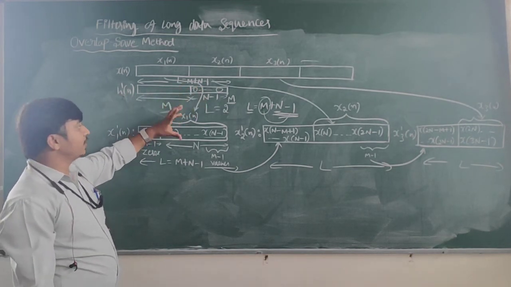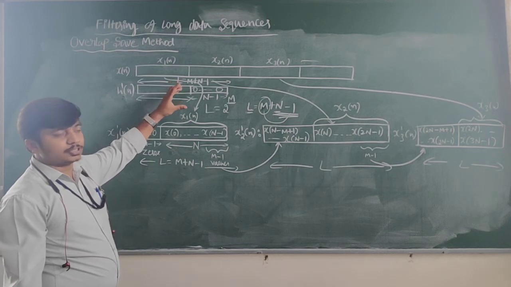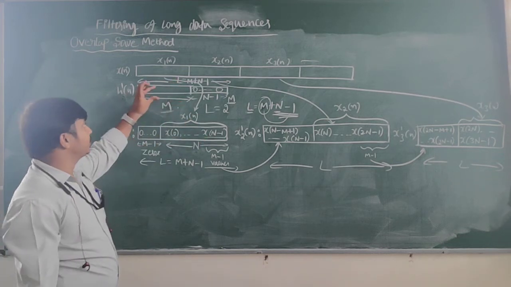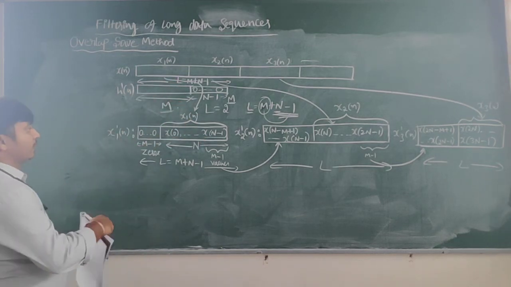Now we can compute the circular convolution of each block with this h dash of n. So what do I get?